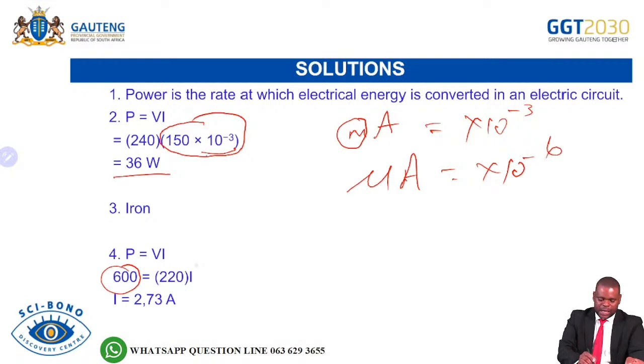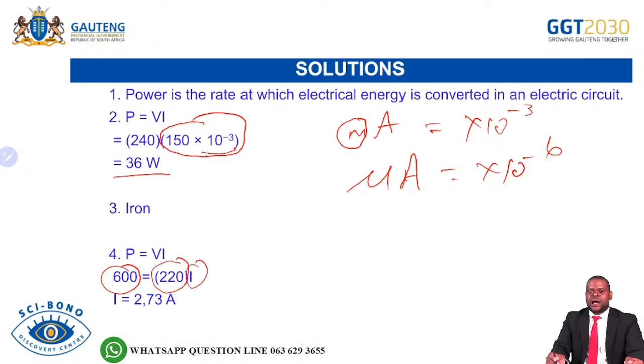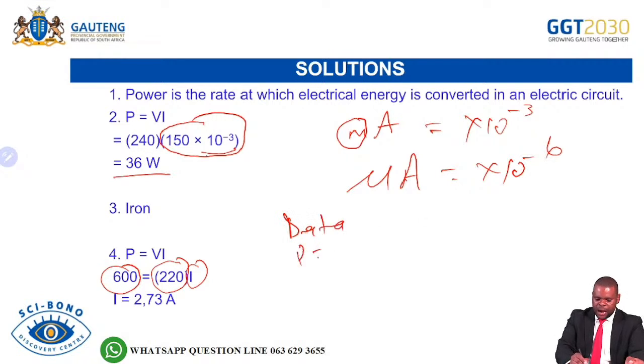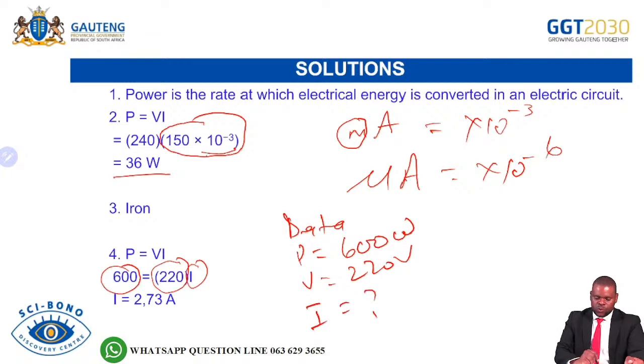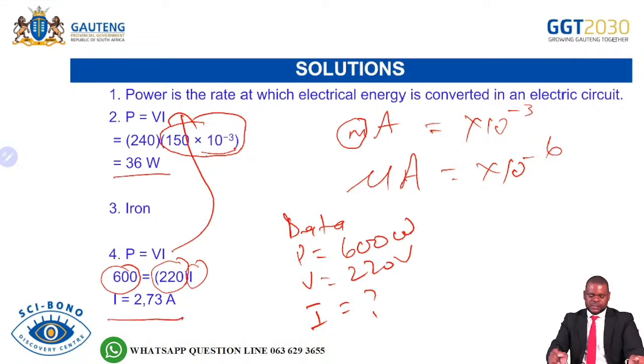And the voltage, the potential difference that is needed, is 220. Then from there we can calculate the current. Our given data is power, which is 600 watt, and V, which is 220, and I that we are looking for. We're using the same formula because of what is given.